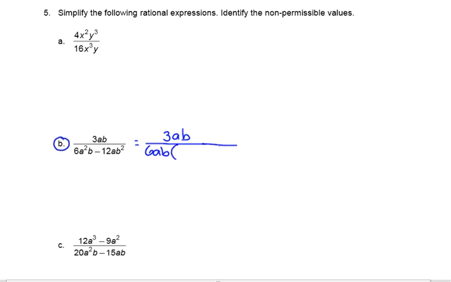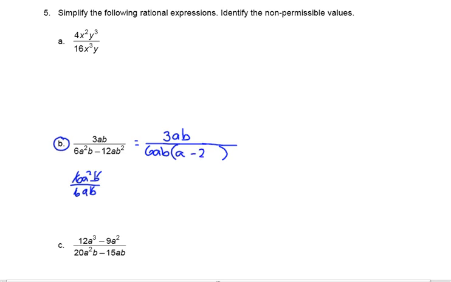So we're going to be left with 6a²b divided by 6ab. What's the only thing that's left? Just an a. These guys are gone, just one a. And then what's negative 12 divided by 6? Minus 2.